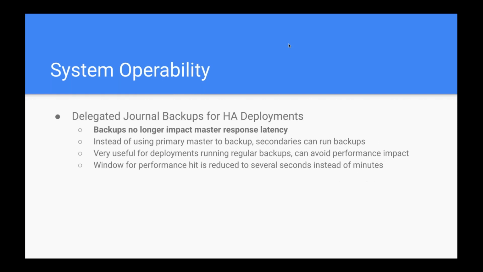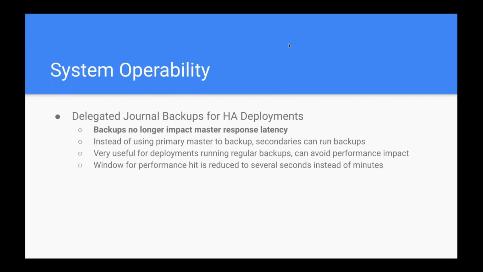And the other improvement we made around the core system is being able to trigger a delegated journal backup in highly available deployments. Previously, backups required the master to take the backup, which would cause the master to not be able to serve user or client requests for a short period of time, usually a few minutes.